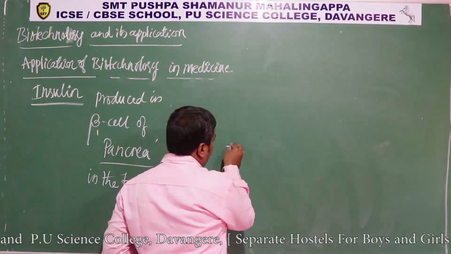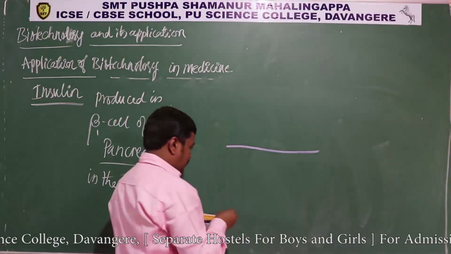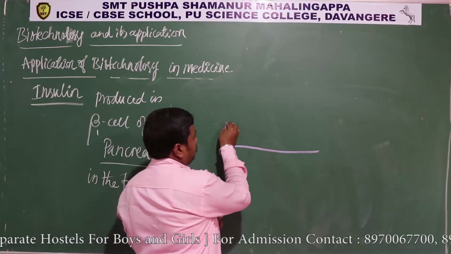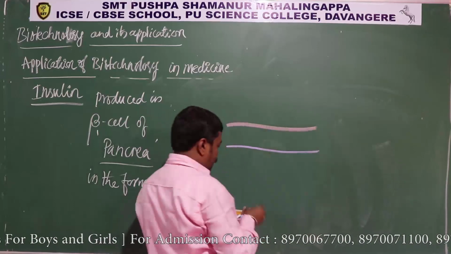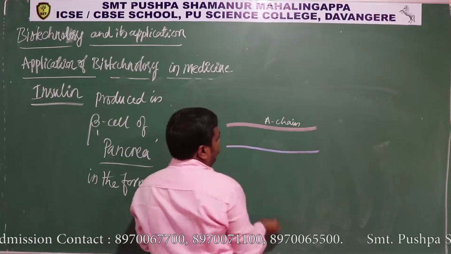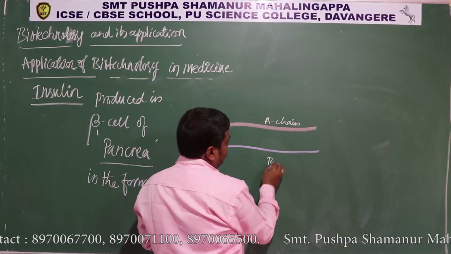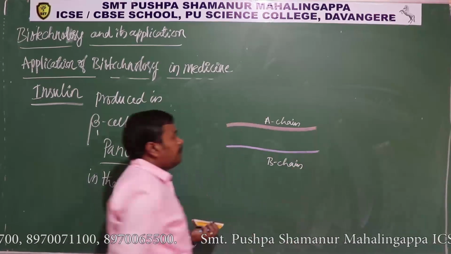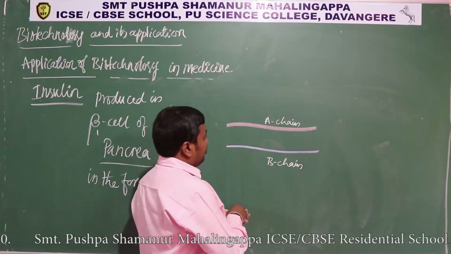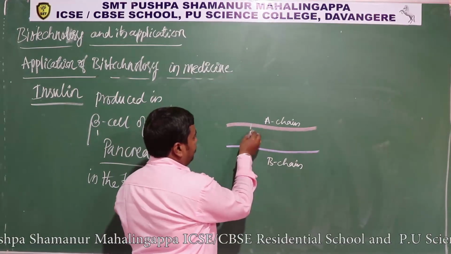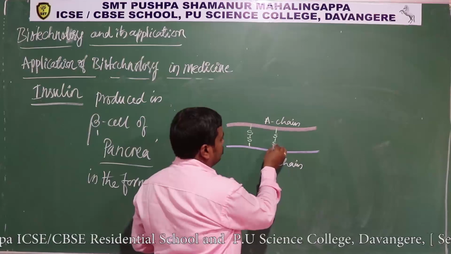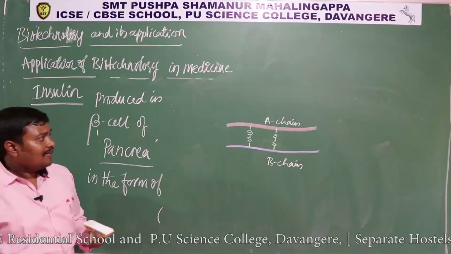It consisting of two chains. So let me write two chains. So this chain is A chain and this chain is B chain. Okay. This A chain and B chain, they are linked together by disulfide bridge. So ಈ ರೀತಿ ಎರಡು ಸಲ್ಫೈಡ್ ಇಂದ ಲಿಂಕ್ ಆಗಿರುತ್ತೆ.